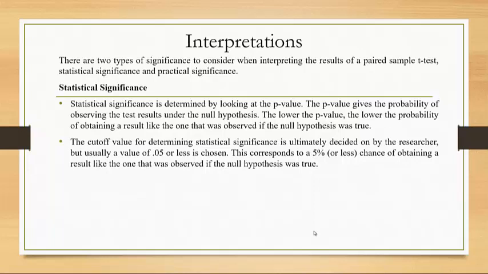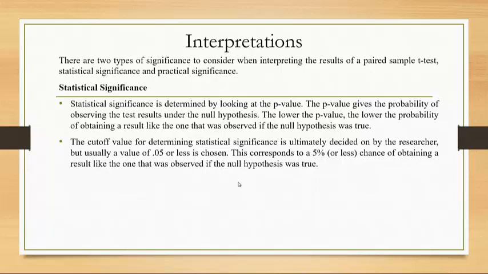So here we check the p-value and we use the usual value, which is 5% or 0.05. If the p-value that we receive as a result of running the test is more than 0.05, we can say that the null hypothesis is accepted.